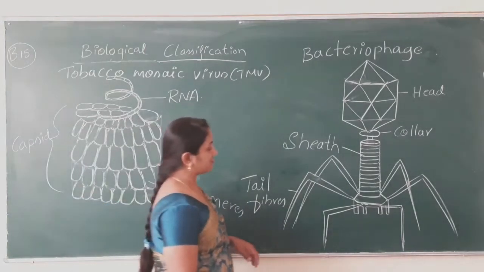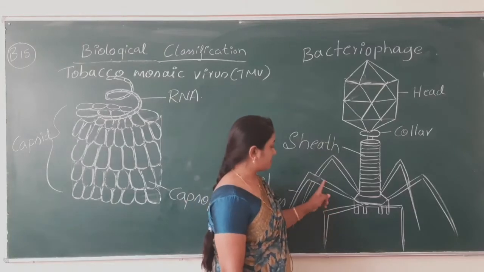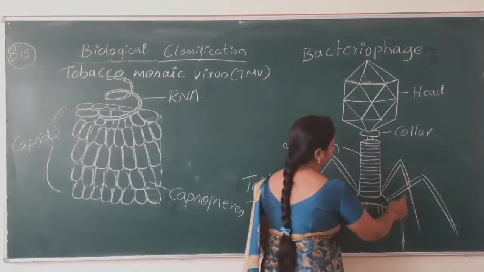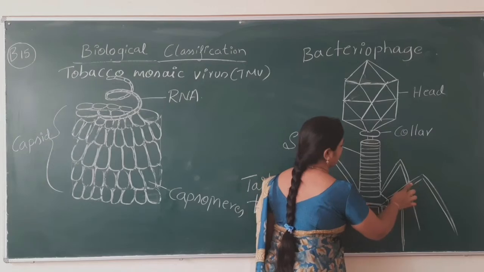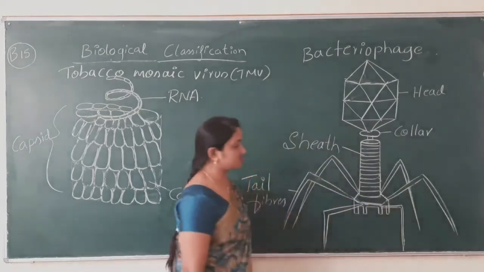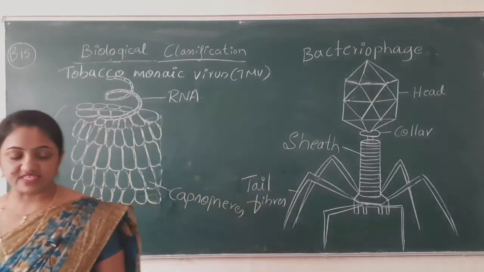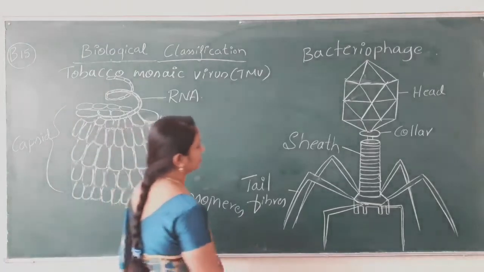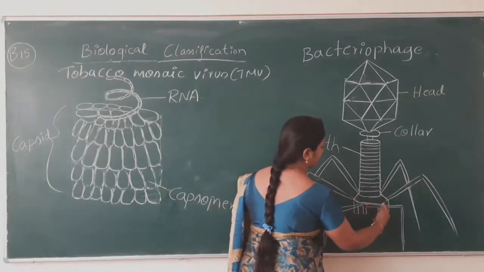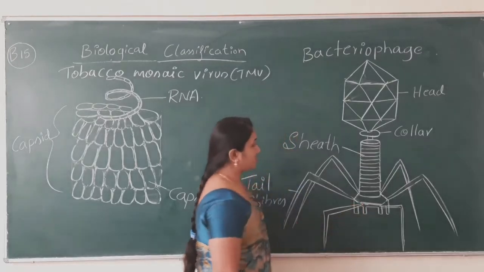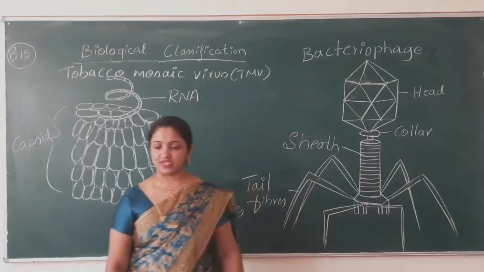Okay, so how many tail fibers are present? 1, 2, 3, 4, 5, 6. There are 6 tail fibers present, which are connected to the end plate. So this is the end plate of the bacteriophage.